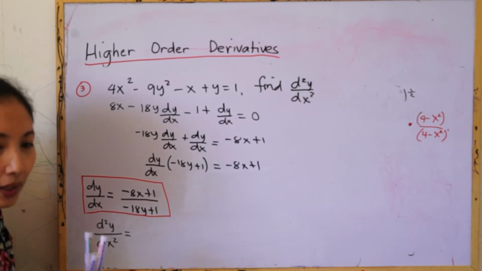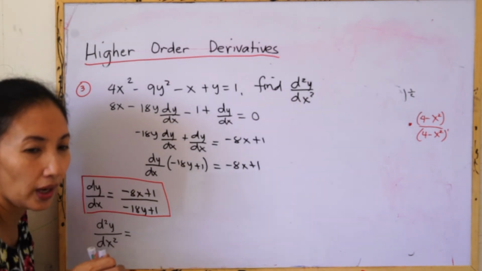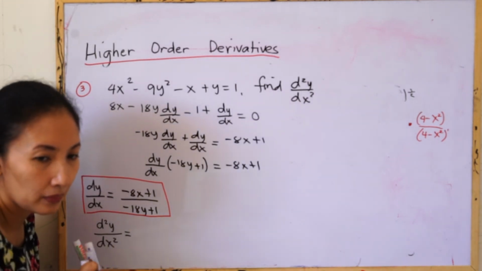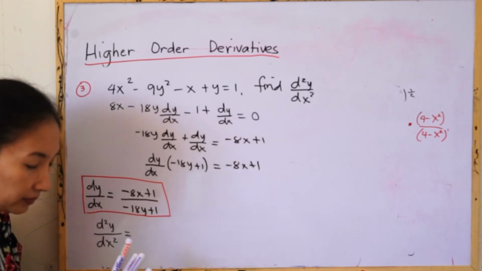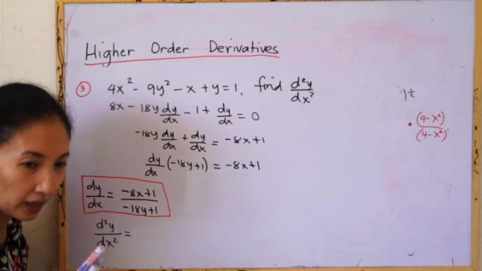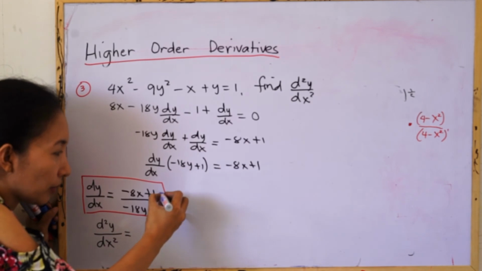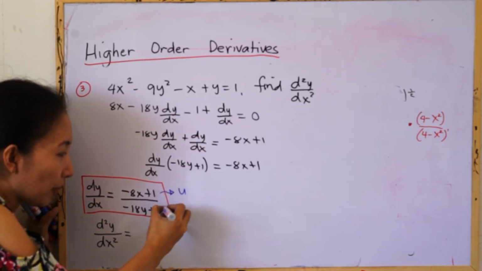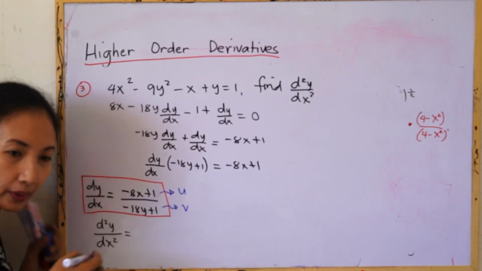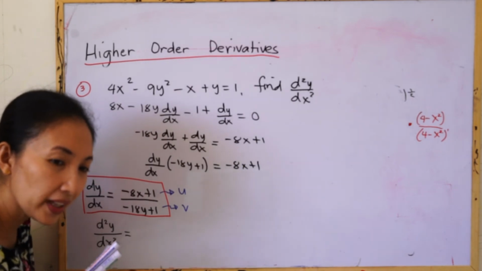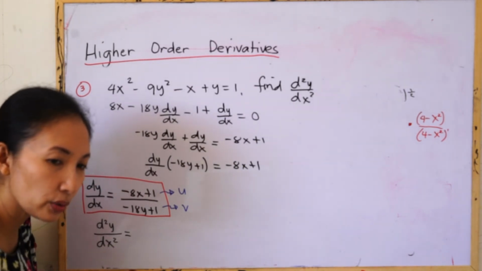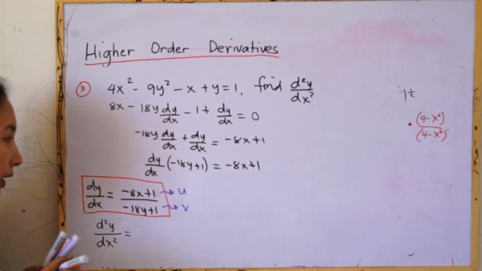Again, look at your right side of the equation. What is its form? It's a quotient. Let's be quick so we don't use up everyone's data. U over V, so V du minus U dV over V squared.